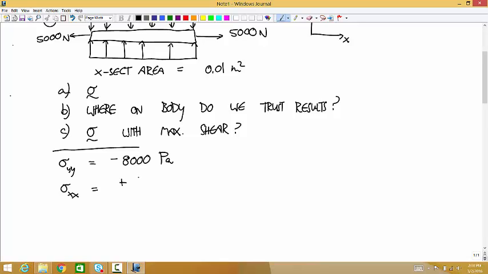And so the value is going to be 5,000 divided by 0.01. So that is 500,000 pascals.